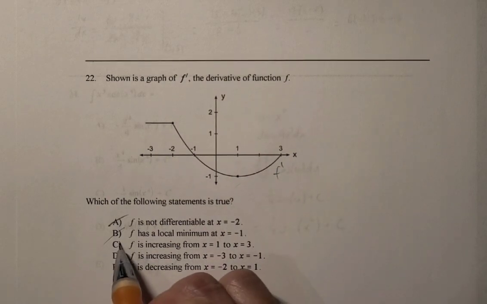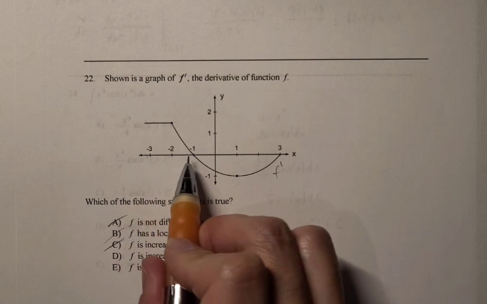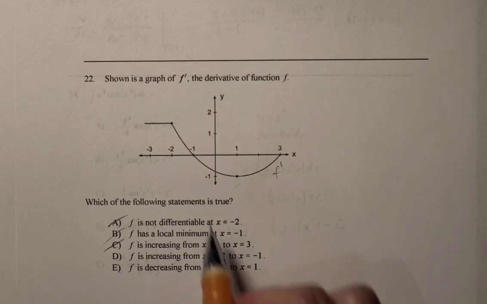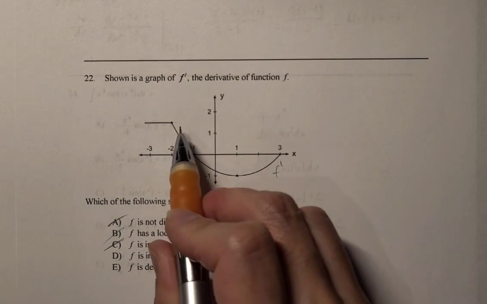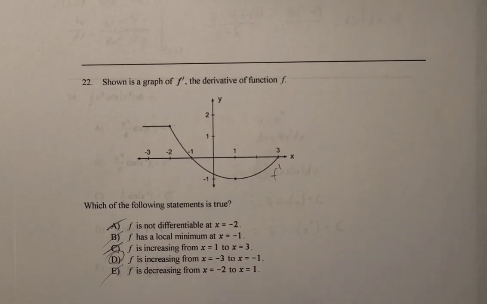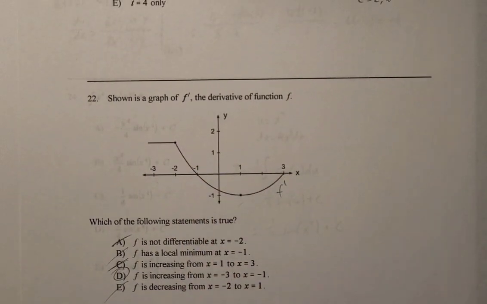So actually f is decreasing. F is increasing from negative 3 to negative 1. The derivative is positive here, so we're good. That's probably it. F is decreasing from negative 2 to 1. Well, the derivative is positive, so it's actually increasing. The answer is D. Okay. So we gotta be careful. I almost got fooled by that. This is f prime, not f.